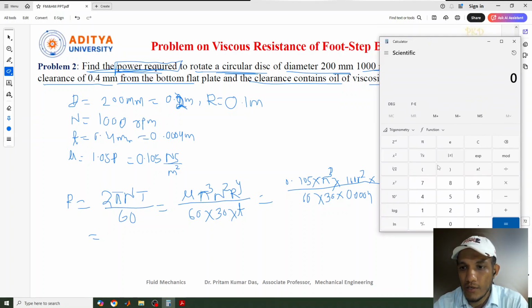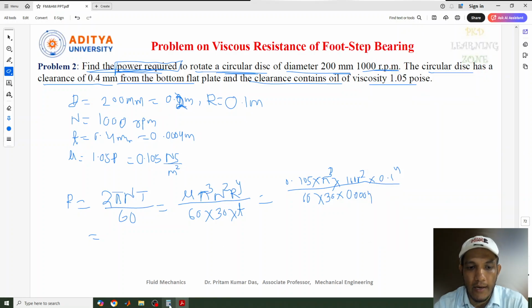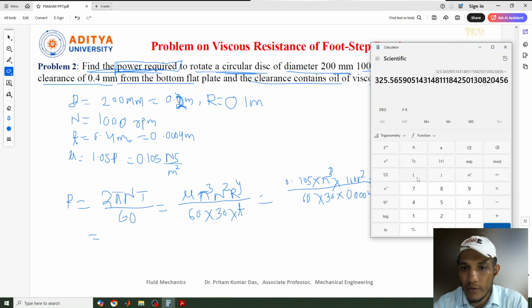Now we need to use this formula here on the calculator. 0.105 into pi cube, 1000 squared, 0.1 to the power 4, that is 0.1 four times. Yeah, correct. Next, divided by, we'll do it in brackets, 60 into 30 into 0.0004, bracket close.